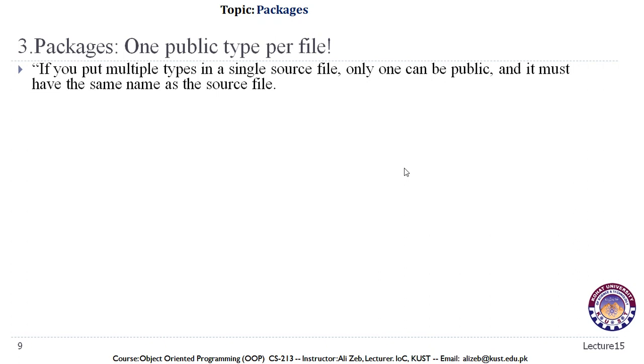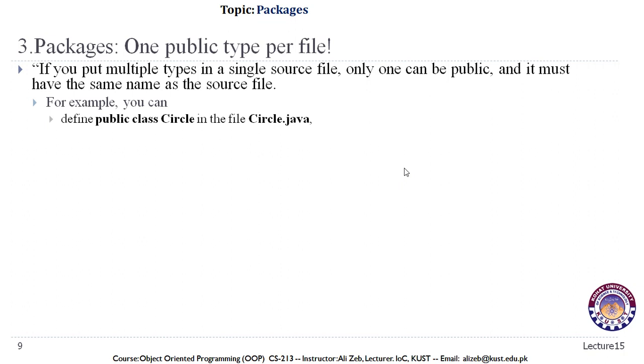If you put multiple types in a single source file, only one can be public, and it must have the same name as the source file. So for the public class, the name of our file has always been the same as our class name. You can define public class Circle in Circle.java.